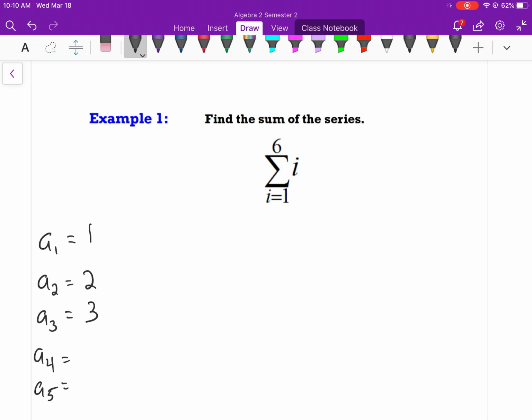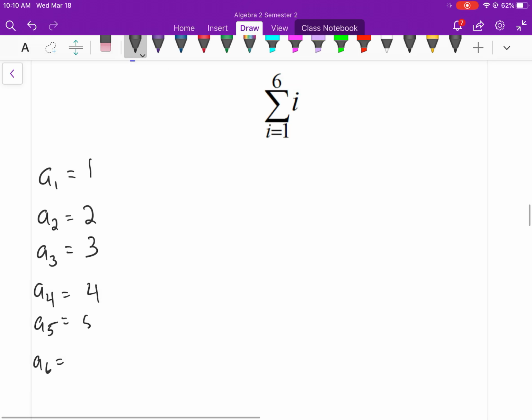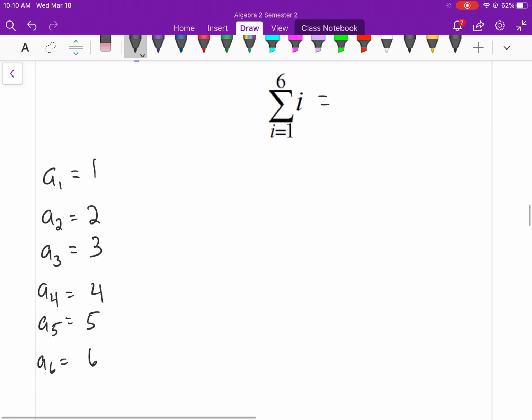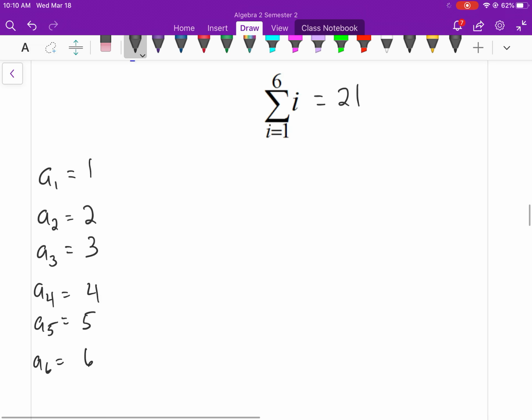Plugging 2 into the general rule, 2. So on and so forth. Adding those up: 3, 6, 10, 15, 21. So you need to figure out those terms and add them up to get a total of 21.